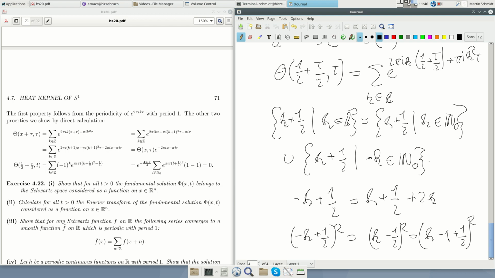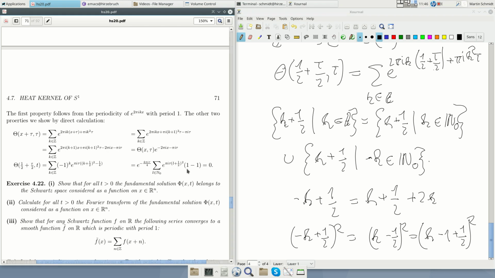So we see that for the negatives the k is shifted by 1, so we get a negative sign from this factor. Since the square doesn't change for the negatives, we get this sum once, and for the negatives we get it with the negative sign, so we have to subtract it. So altogether we get 0. This shows that this function really vanishes.